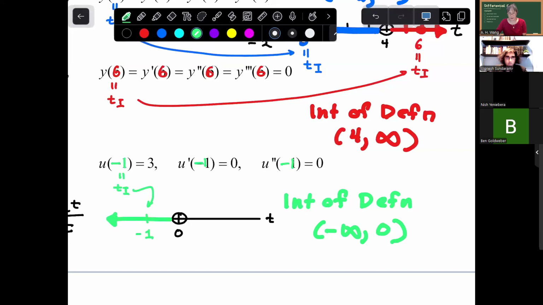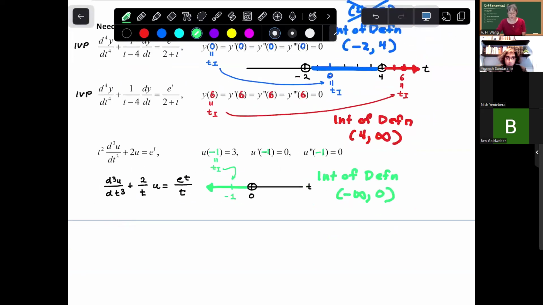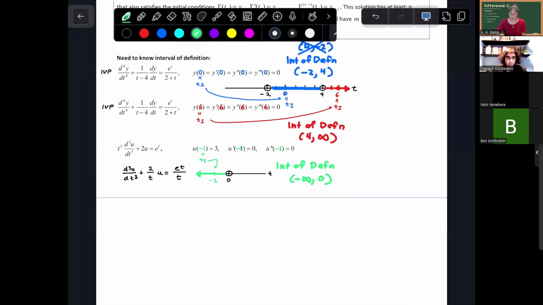Okay, that should be straightforward. You should be practicing with linear. You only look at the domain. It's so easy. You just look at the forcing and you look at the coefficients and look for where they're continuous. And if you're talking about pre-calculus, it's just where the domain is.